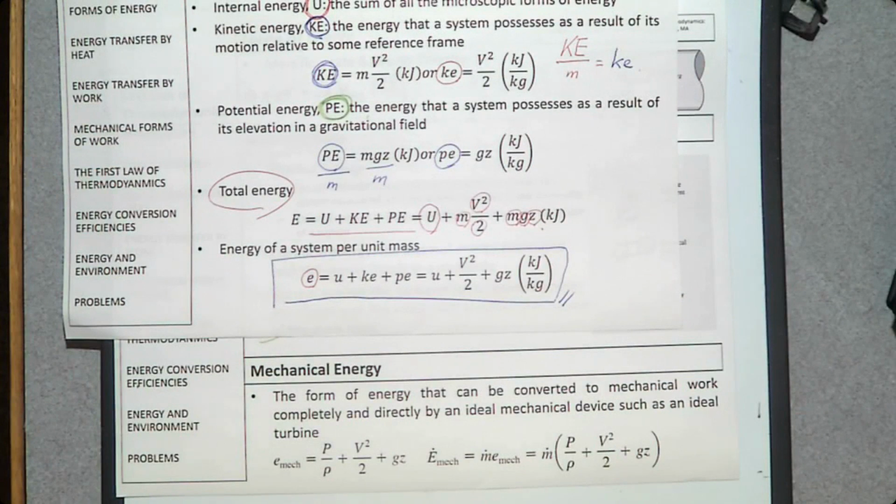But when we talk about mechanical energy, there is one more, that is flow energy, the energy associated with a flow. So when we say mechanical energy, it's not just kinetic energy and potential energy. It is flow energy, kinetic energy, and potential energy.